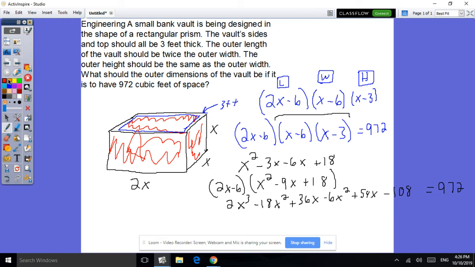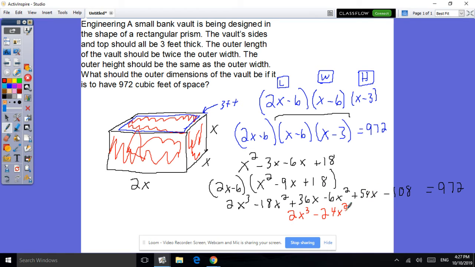Okay? And the great thing about the video, you can just pause me if I'm going too fast. Collect like terms. So now you're going to have 2x cubed. So if you're yelling at the computer, please stop, okay? Stop yelling at the computer. All right, so negative 18 minus 6, that's negative 24x squared, 36 and 54.